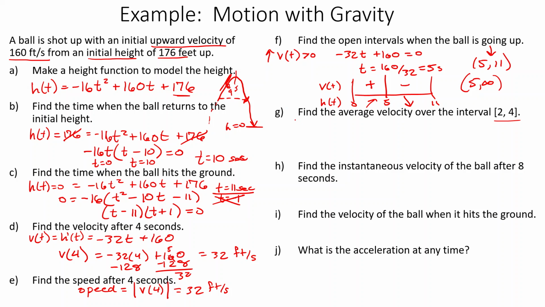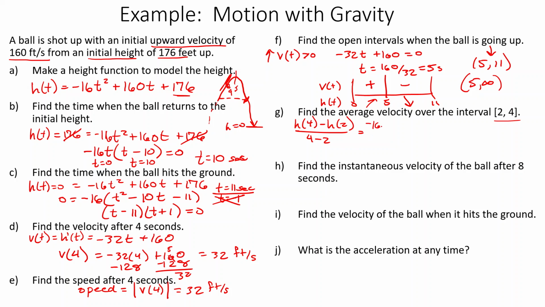All right, well, that's going to be the position at 4 minus the position at 2 over 4 minus 2. So we need to plug in here, see what happens when we get 4, see what happens at 2, and then divide the whole thing by 2.